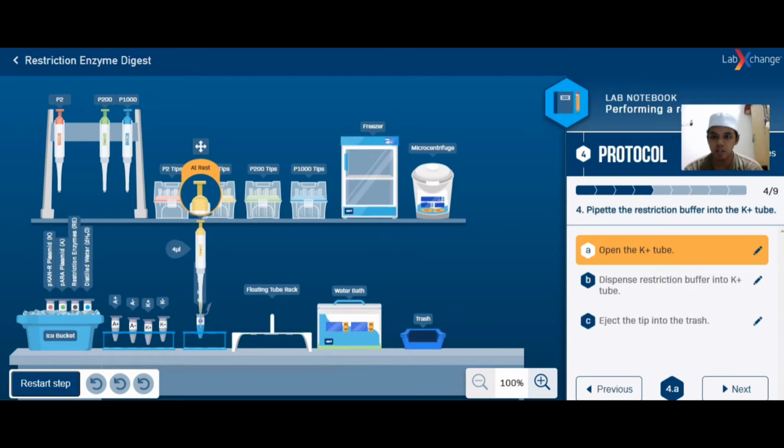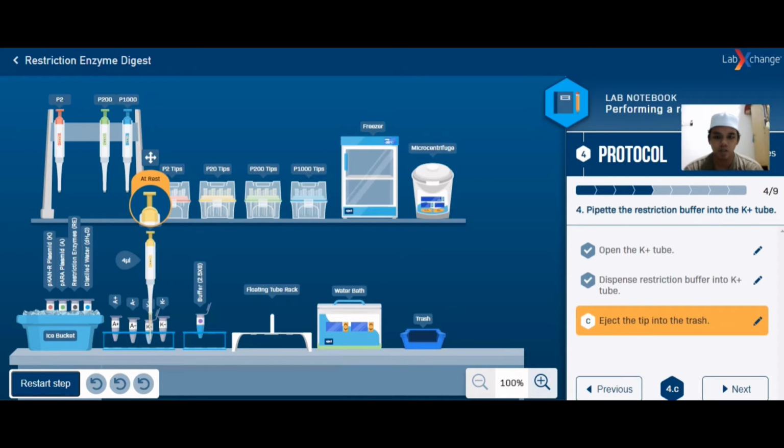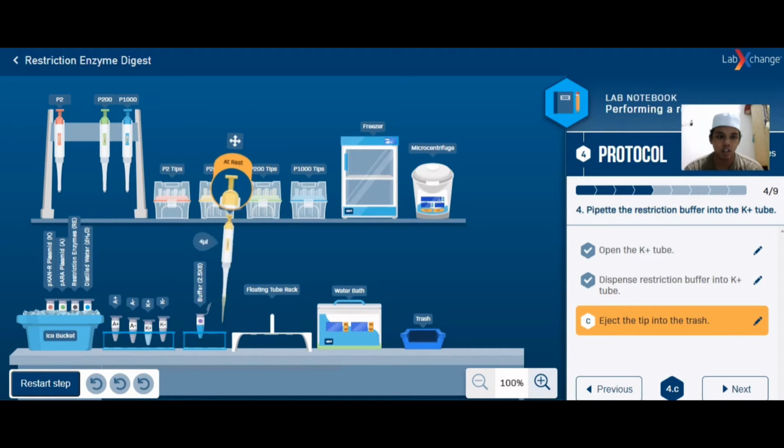The next step is to pipette the restriction buffer into the K plus tube. So open the K plus tube and dispense restriction buffer into the K plus tube. After we finish dispensing, we need to close the lid and eject the tip into the trash.